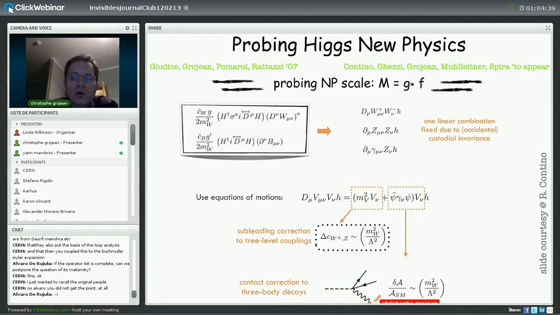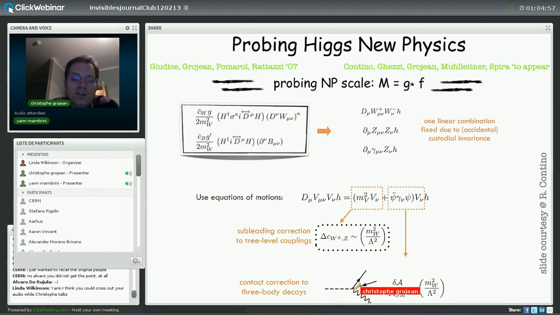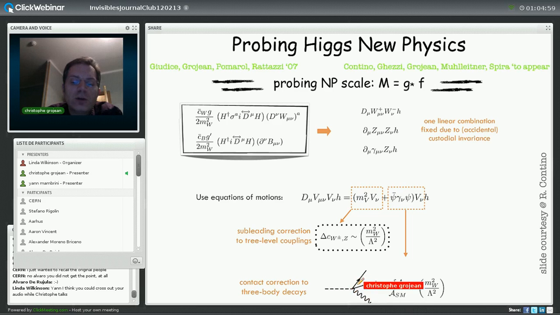Which effectively appears as a three-body decay. So you have an X that decays into 2 leptons plus 1 on-shell W or 1 on-shell Z. But in this case, those operators actually give you a contact contribution to these decays, and this means that you will have a different distribution of the two fermions.